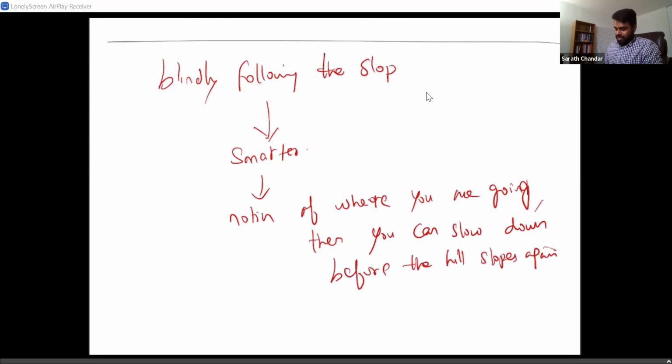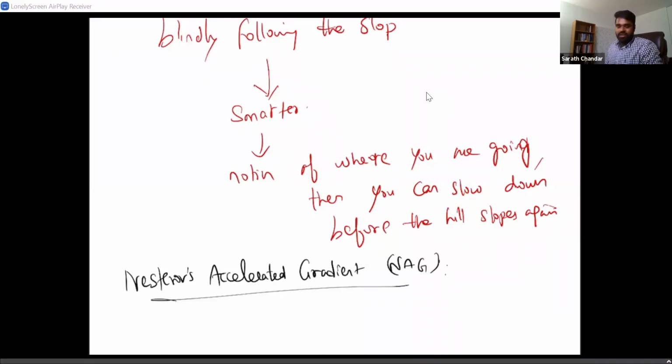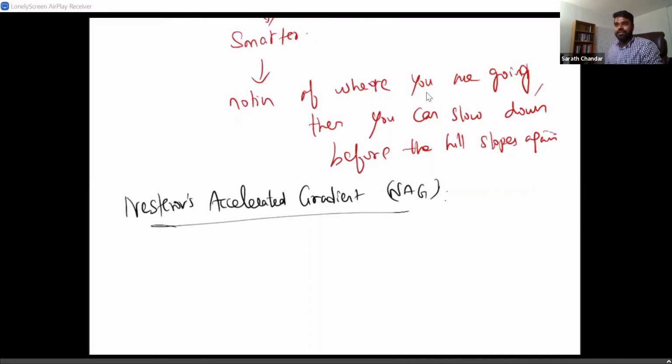This idea was suggested by Nesterov, and this is known as Nesterov's accelerated gradient, or NAG, as you would see in most of these implementations in sklearn or PyTorch or TensorFlow.